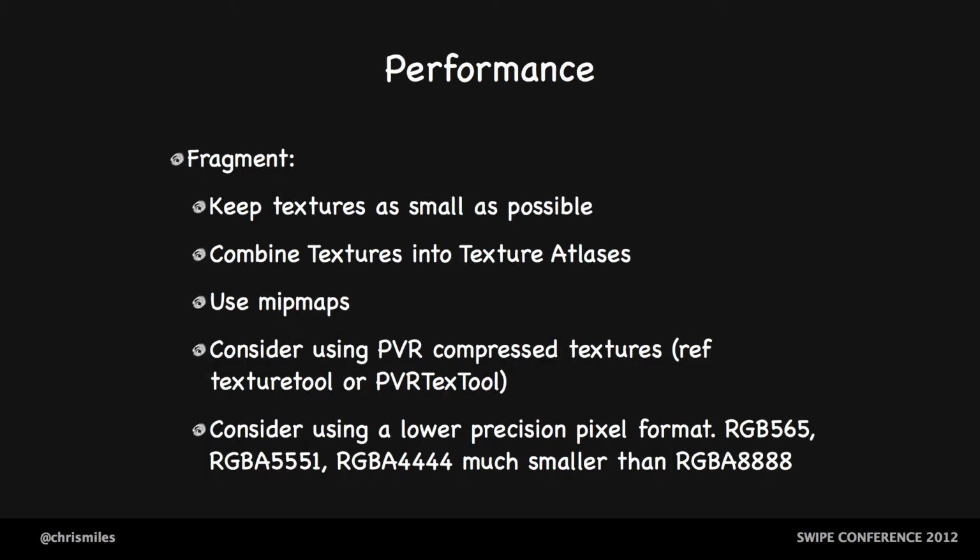These are lossy compressed, but the reason they're useful is that they can be natively decompressed or decoded by the GPU on the fly. And they can compress down quite small, so they're worth looking at. Also, you can consider using lower precision pixel formats. You'd have to test these to make sure you didn't lose enough quality, but sometimes you can gain quite a bit of savings with those.